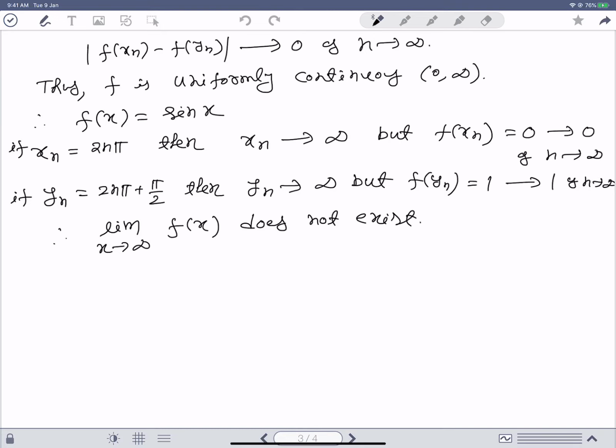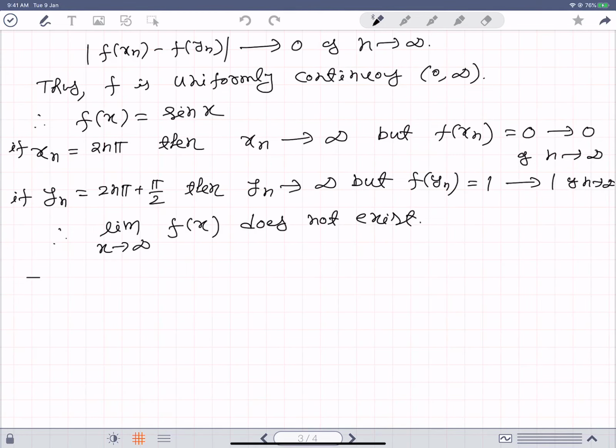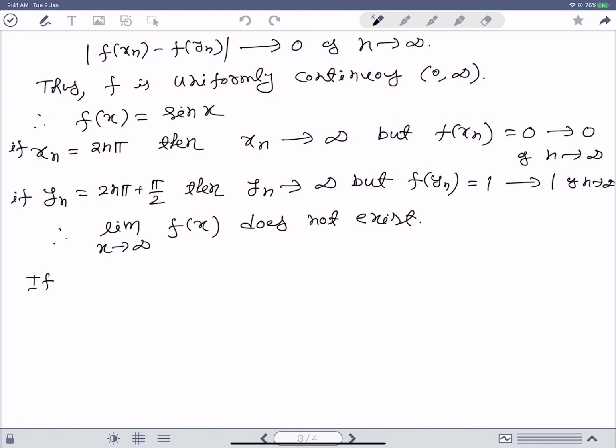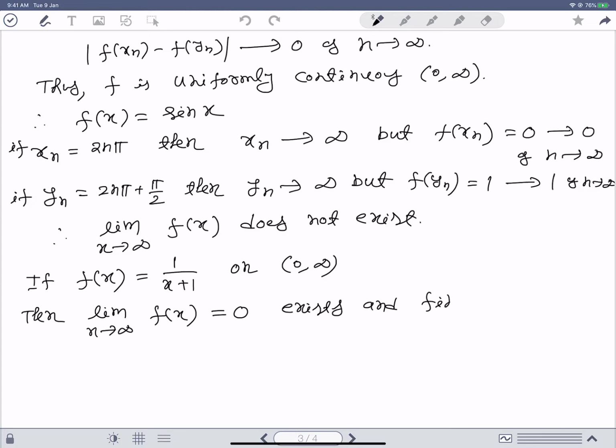Now if you take f of x equal to 1 by x plus 1 on the domain 0 to infinity, then you can check that the limit as x tends to infinity of f of x is 0, right? That exists and is finite.